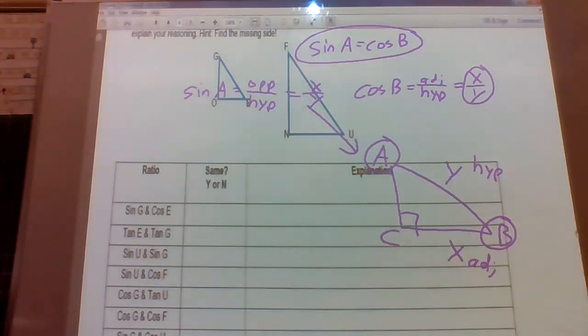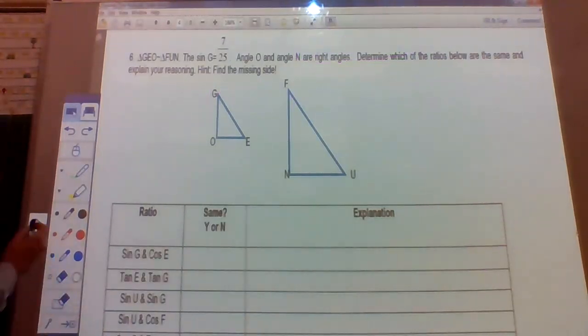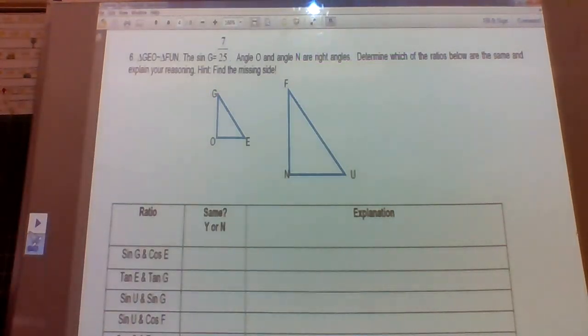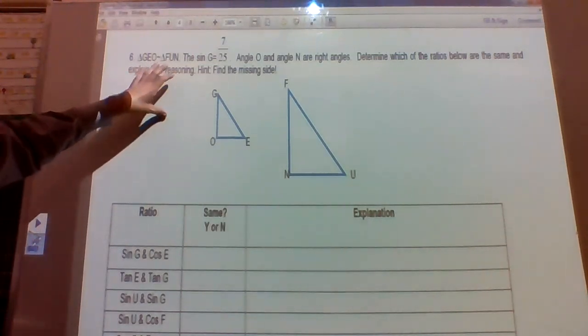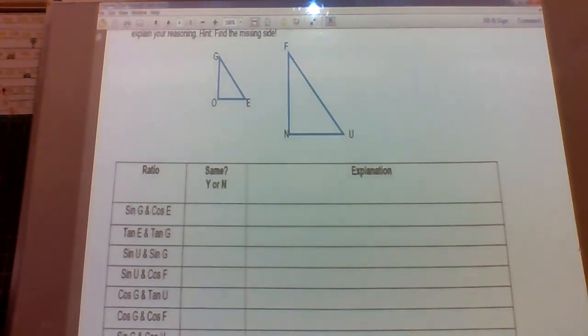And then last part here on the first page, we want to see if these are going to be equal or not. So let's just take in mind here. It's saying sine of g is 7 over 25. So I'm going to scroll down a little bit. It's telling us O and N are right angles.